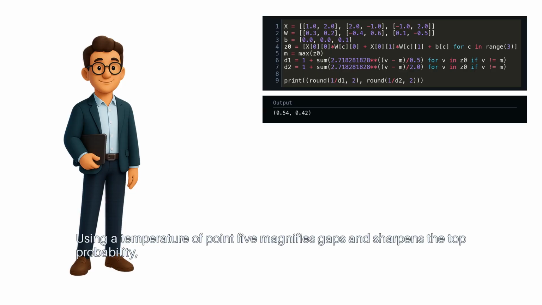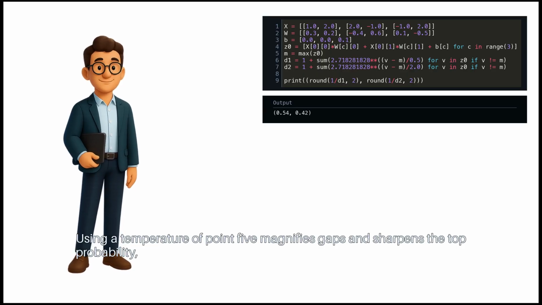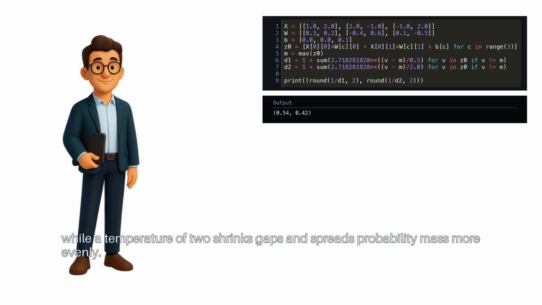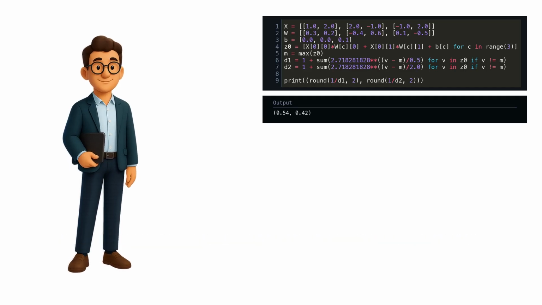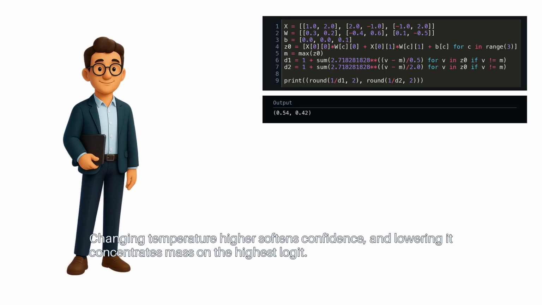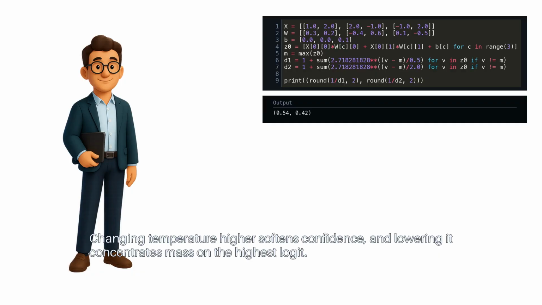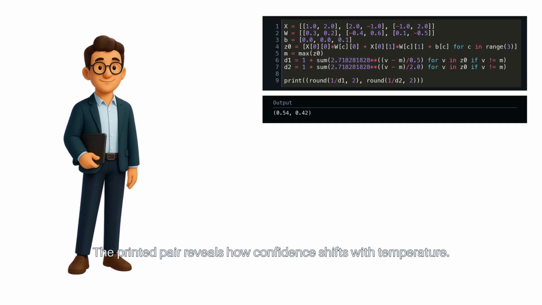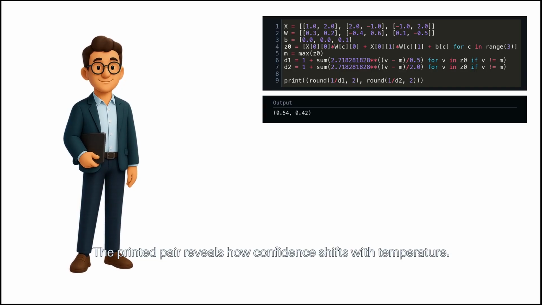Using a temperature of 0.5 magnifies gaps and sharpens the top probability, while a temperature of 2 shrinks gaps and spreads probability mass more evenly. Changing temperature higher softens confidence, and lowering it concentrates mass on the highest logit. The printed pair reveals how confidence shifts with temperature.